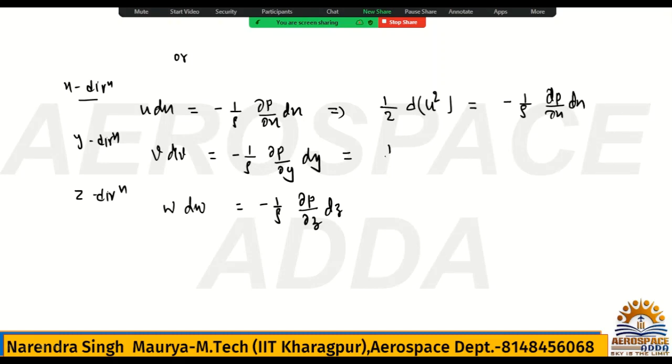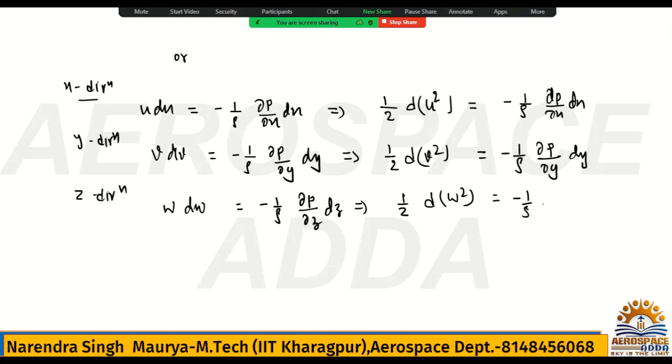Similarly, the y equation becomes 1 by 2 d of v square equal to minus 1 by rho dou p by dou y into dy, and the z equation will be 1 by 2 d of w square equal to minus 1 by rho dou p by dou z into dz. All right.